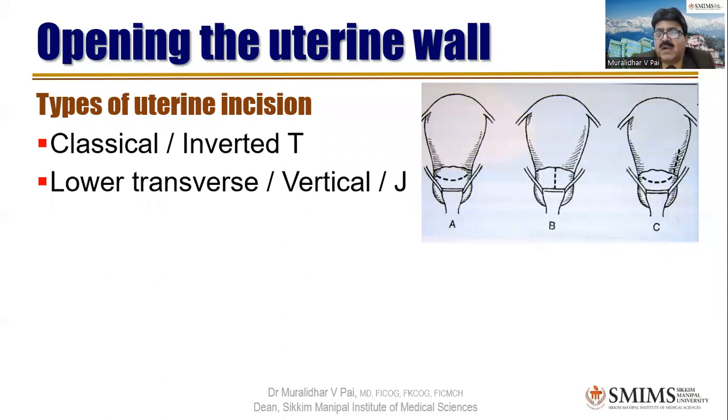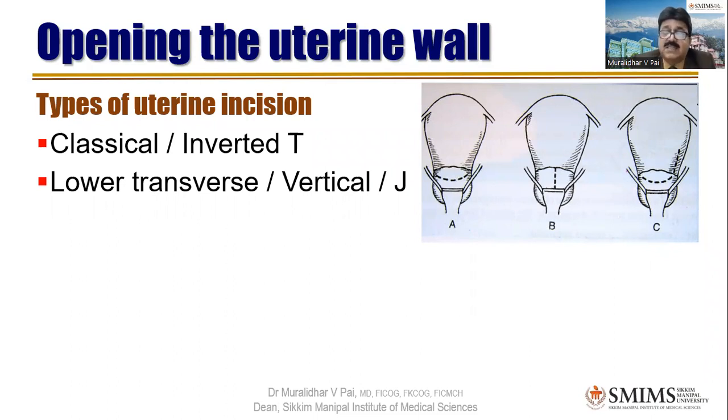And vertical is sometimes used when the lower segment is not very well formed, so you don't know where exactly to put the transverse incision. But the problem with lower vertical is that it can always extend upwards into the upper segment and become like a classical, or worse, it extends downwards and involves the bladder, and will tear the bladder. So I have hardly put a lower vertical. It's only theoretical.